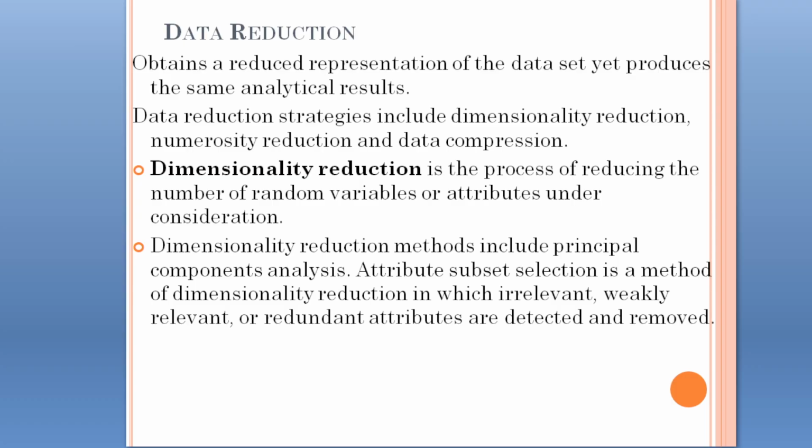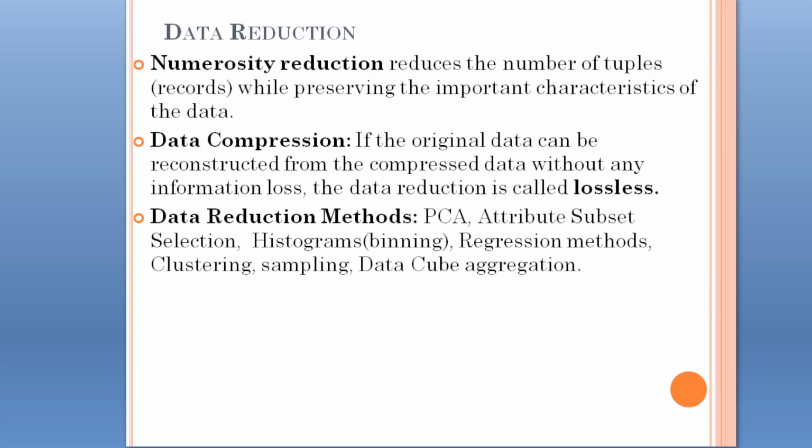Dimensionality reduction methods include principal component analysis, which transforms or projects the original data onto a smaller space. Attribute subset selection is a method of dimensionality reduction in which irrelevant, weakly relevant, or redundant attributes or dimensions are detected and removed.